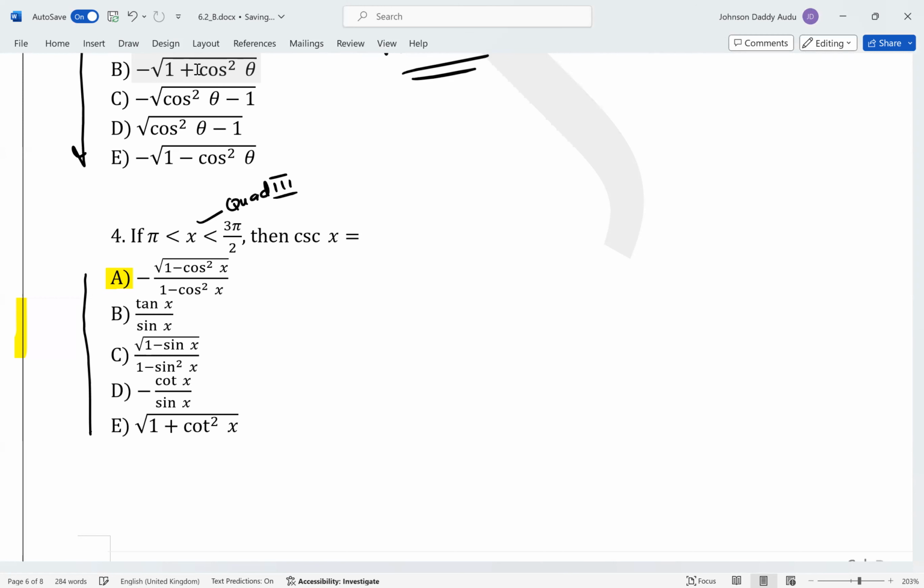We want to write cosec x. But how can we write cosec x? What do we know about cosec? We know that we can write cosec as 1 over what? We can write it as 1 over sine, right? Irrespective of which quadrant. This is by using a reciprocal identity.